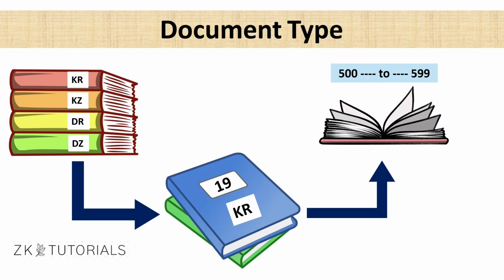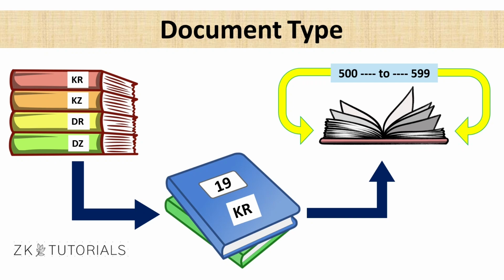Suppose we say 500 to 599, I can post. That means 100 documents from 500 to 599 can be posted in the document type KR. This is called the number range interval, the number range is 19 and the document type is KR.